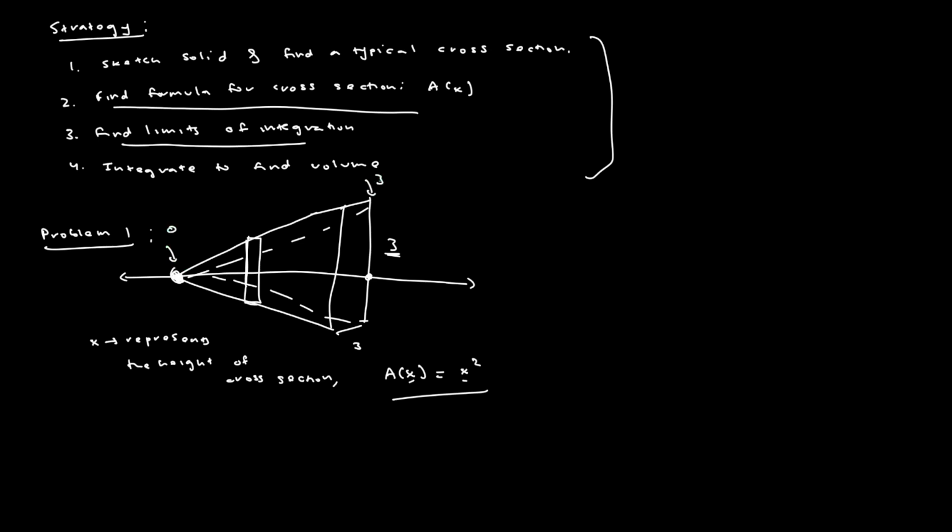So we want the integral from x equals 0 to x equals 3. Our integral is volume equals the integral from 0 to 3 of x squared, which is A of x, dx. Evaluating it, we get x cubed over 3 from 0 to 3, and that is just 9.